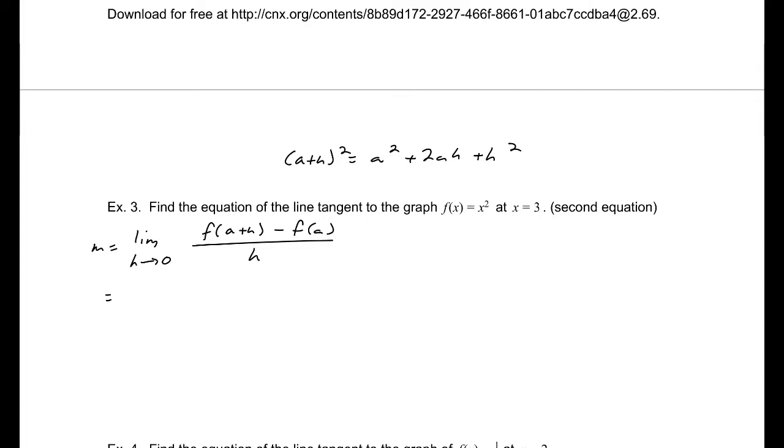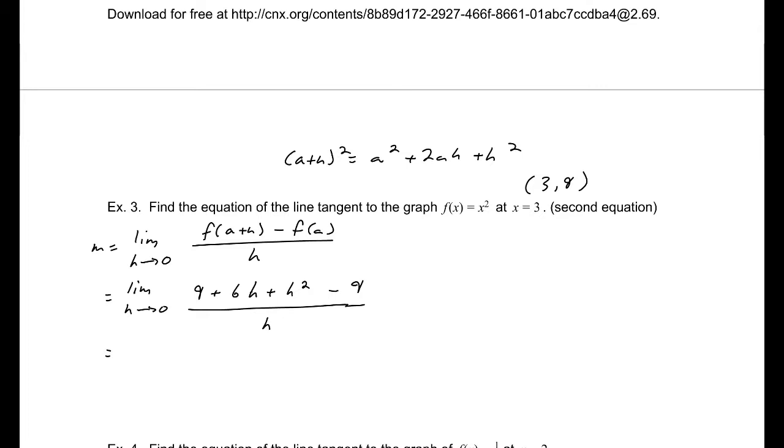So evaluating that, I'm going to have the limit as h goes to 0 of a squared. Well, in this case, a is actually 3. This is the point (3, 9). So if I plug in 3 there, that is 9 plus 6h plus h squared minus f of a, which is 9, over h.